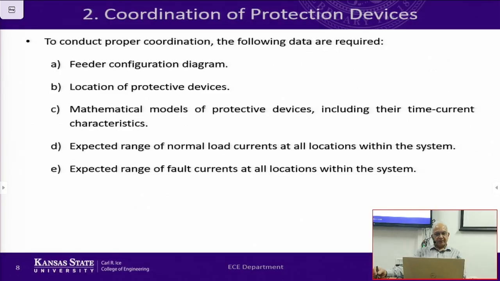We need to know mathematical models of protective devices, including their time current characteristics, and the expected range of normal load currents at all locations within the system, because we have to pick devices so that they don't trip when normal load is flowing. And then we need to know the expected range of fault currents at all locations within the system. So before you can start doing protection, you have to gather this information. You have to go through a full fault analysis with a table of faults at different locations.